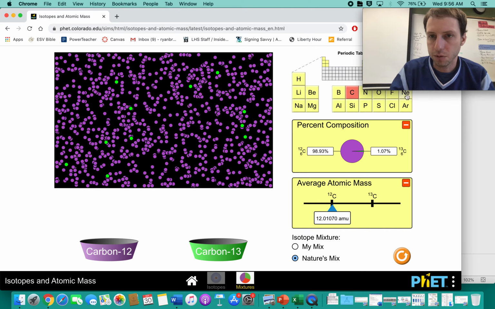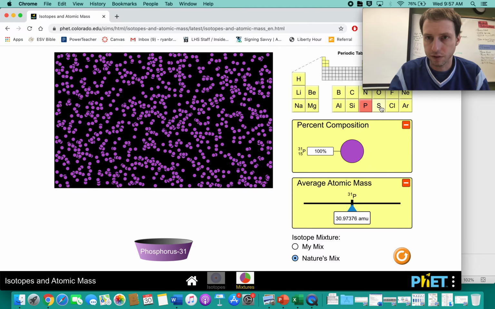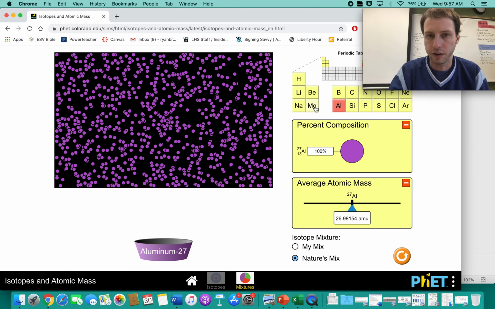If we look at another example, here's neon. Neon has 3 naturally occurring isotopes. We've got neon 20, 21, and 22. Those are the different mass numbers. I can see my most common isotope of neon is this neon 20, and so I can expect, and what we see is that our average is very close to 20. Just one more example, where it's a little closer to the middle.